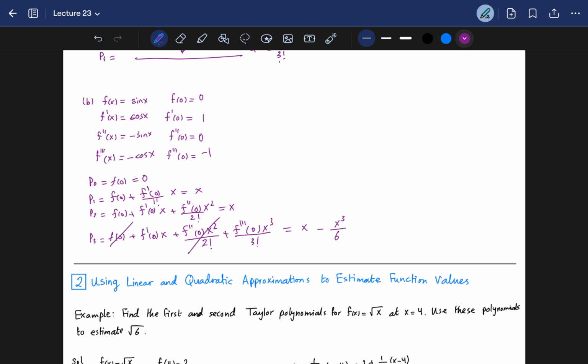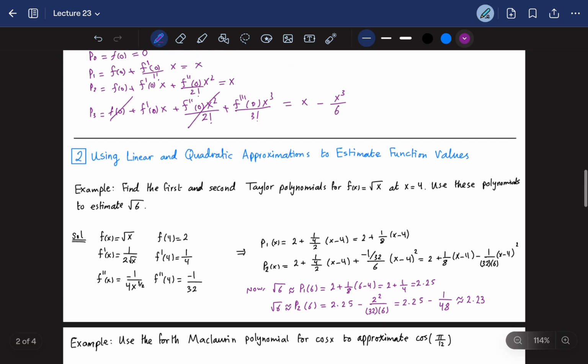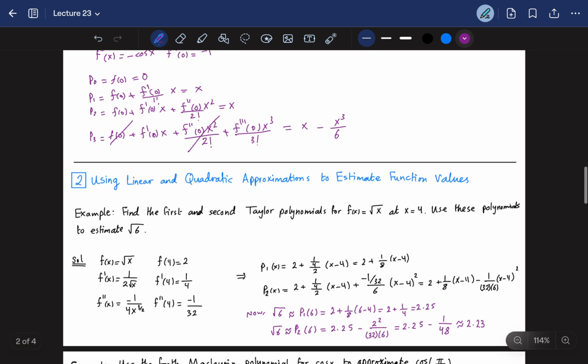We can use linear and quadratic approximation to estimate values of functions. So for example, let's use the first and second Taylor polynomials of the function radical x at x equals 4 to estimate the value of the radical 6, because I can't find the value directly because it's not a perfect square. So let's see how that helps.